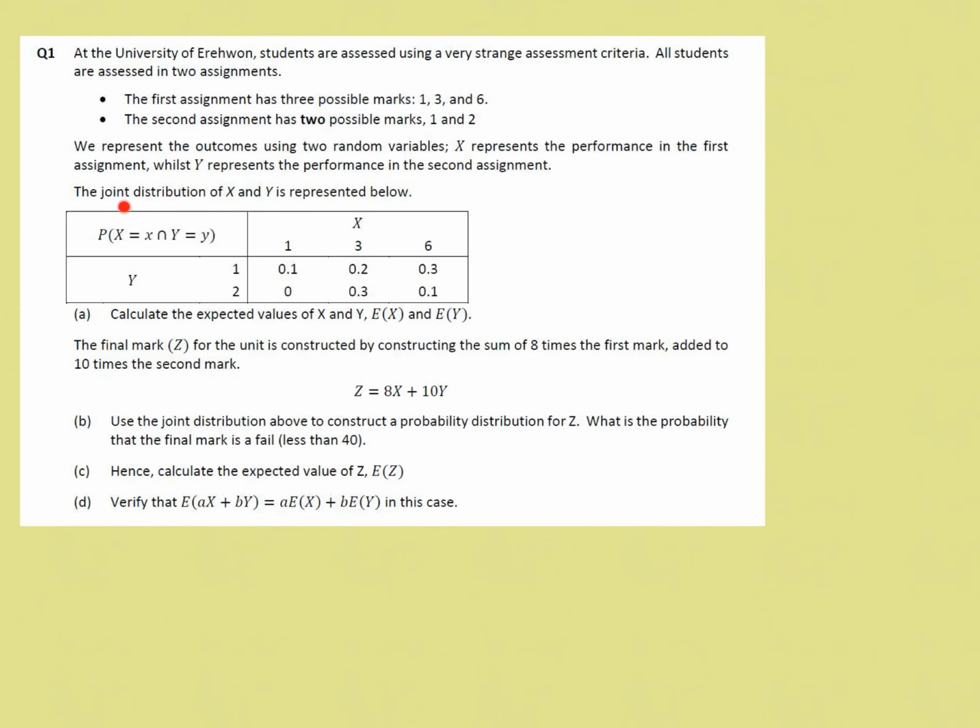Now, the very first question asks us to calculate the expected values of x and y in this problem. But in order to get those expected values, we first of all need to construct the marginal distribution from this joint distribution.